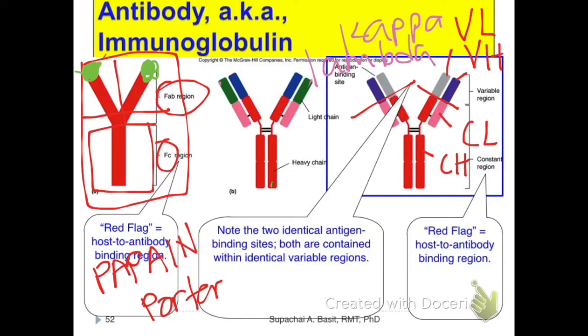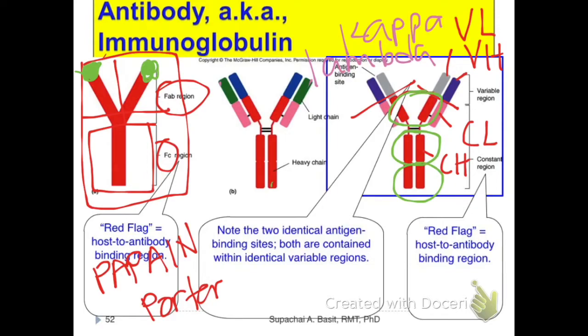Not only that, the constant heavy chain is further divided into 3. Here's the constant heavy chain 1, the constant heavy chain 2, and the constant heavy chain 3.